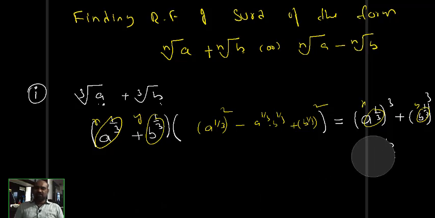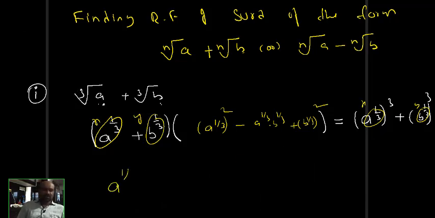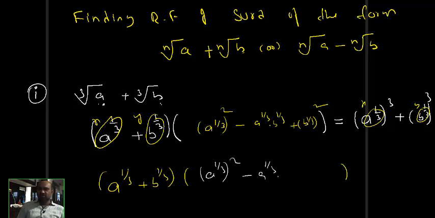Clearly I will explain now. My question is, a^(1/3) + b^(1/3) should multiply with something to get a rational number. That is the question. What I am saying here is, we should multiply with (a^(1/3))² − a^(1/3)·b^(1/3) + (b^(1/3))².